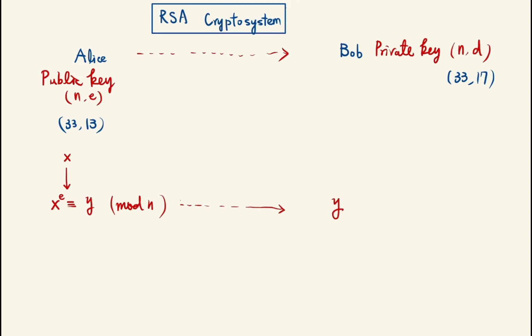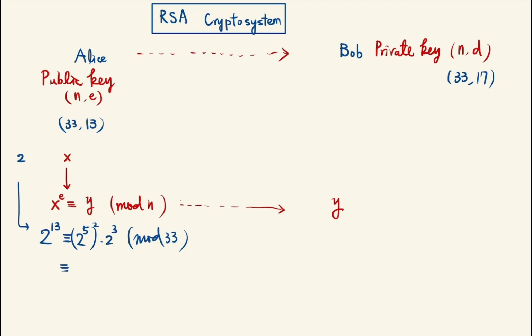In our example, X, for example, is equal to 2, and we can calculate 2 to the power of 13 modulo 33, and this is equal to (2 to the power 5) squared times 2 to the power 3.